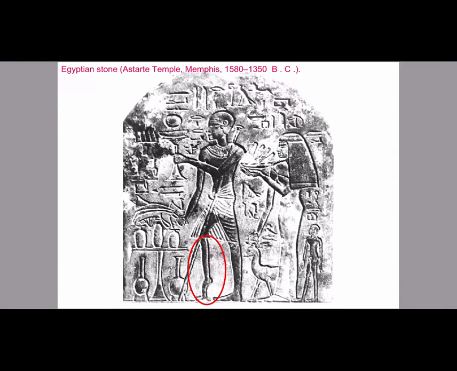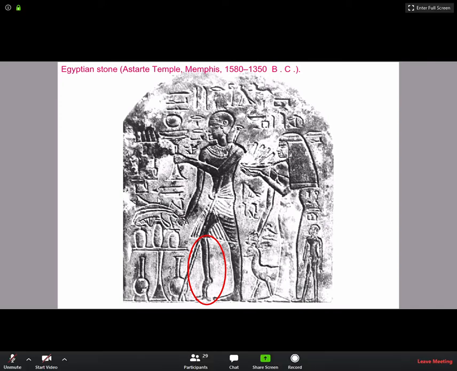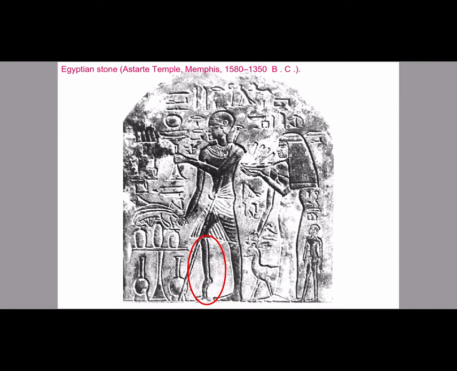polioviruses. Every year, when I teach this class, I always show this picture to the students and I ask them if they find something strange in this picture. And all the students say, yes, the leg. The leg is very thin. This picture was found in a stone in Egypt, and it's from 3 years ago.